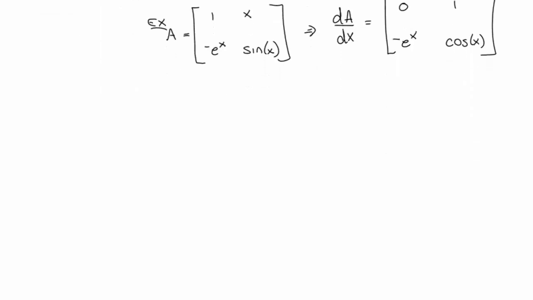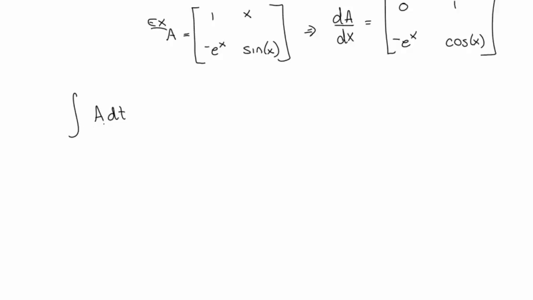Integration works the same way. So if you wanted to integrate the matrix A with respect to t, one thing that you will have to note here is that we have to state that A is a function of t. It has to be a function of a single variable t. And technically it doesn't have to, but we're going to assume that. Also, you don't want to have a bunch of plus c's everywhere.